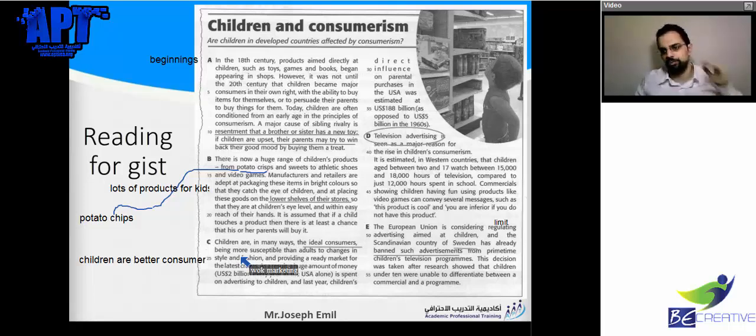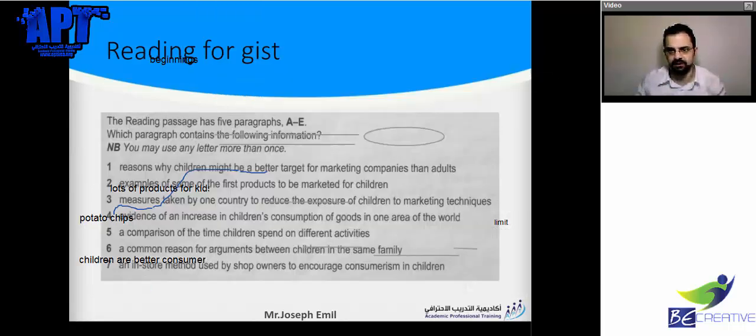We're talking about they were something and then they became something, maybe numbers. So, in last year, children's direct influence on parental purchases in the US was estimated at 188 billion as opposed to 5 billion in the 1960s. That's an increase. So, C.